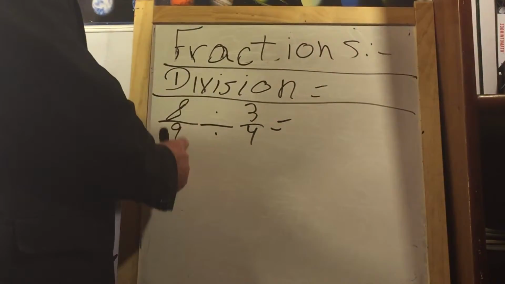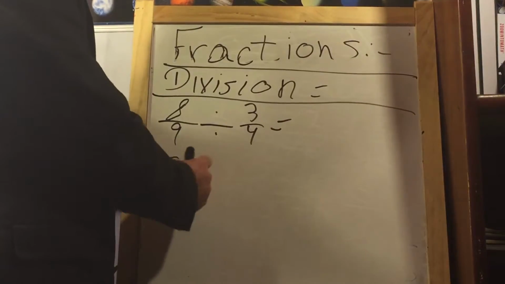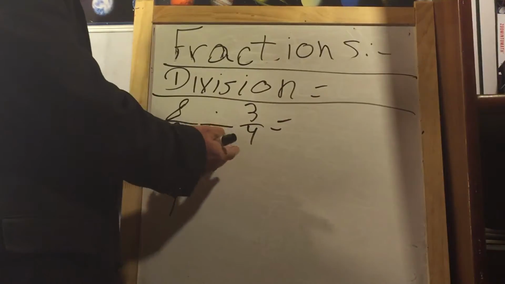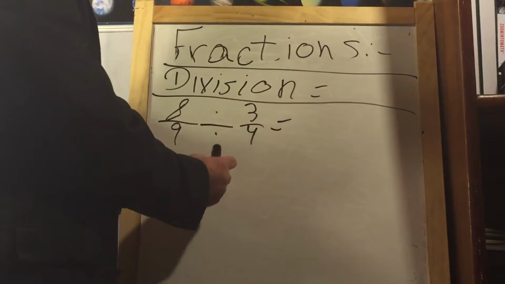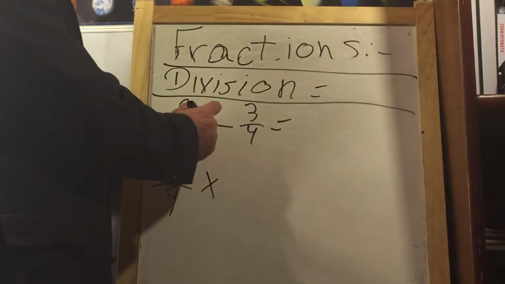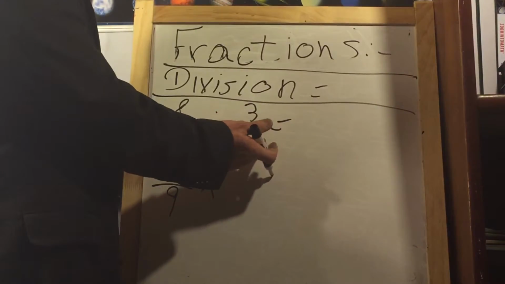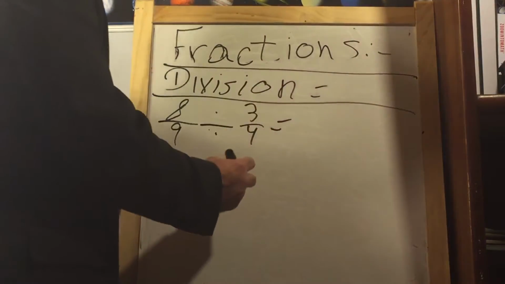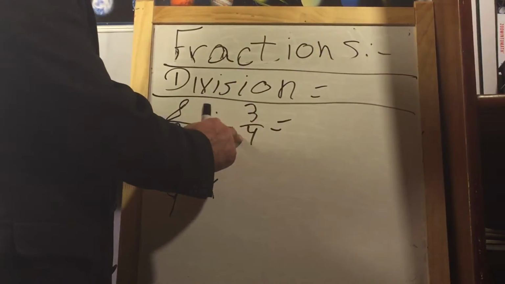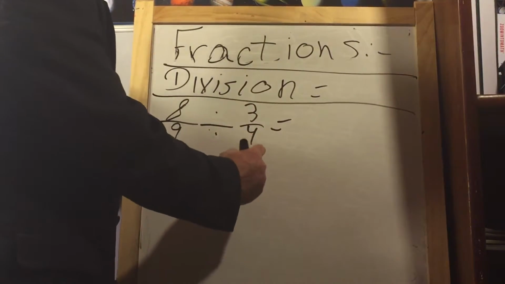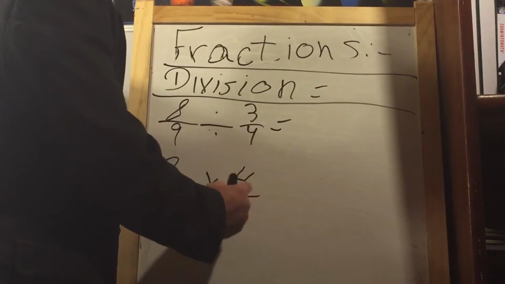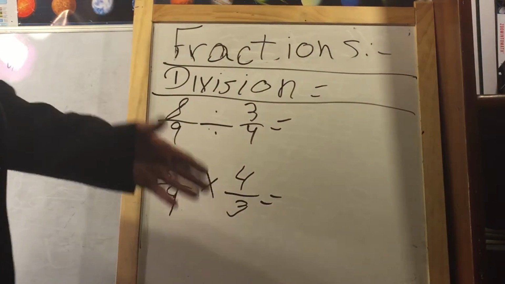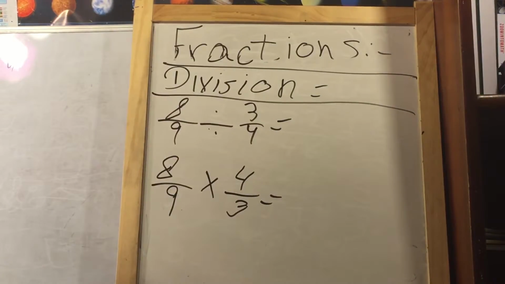You keep this the same, 8 over 9. We convert it, we invert the division sign to a multiplication sign, and then we flip this one, putting this one on top and this one on the bottom. So this 3 over 4 becomes 4 over 3. That's it. And then you multiply like regular multiplication.